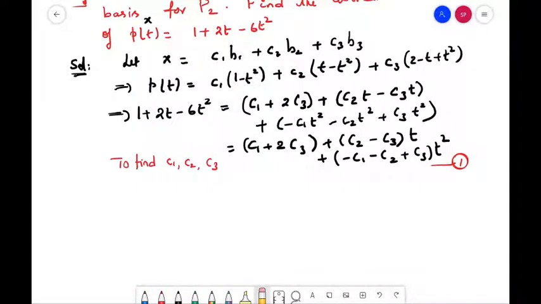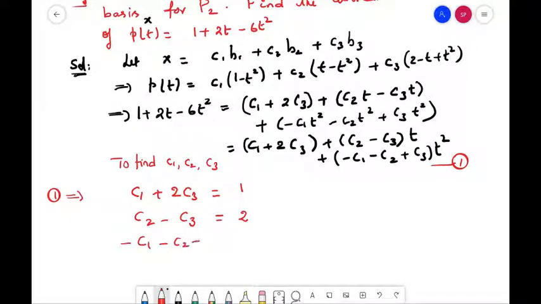From this equation 1, comparing the like terms, I have c1 plus 2c3 is equal to 1. And next, what is the t term? I have c2 minus c3 is equal to 2, and then minus c1 minus c2 plus c3 is equal to minus 6.